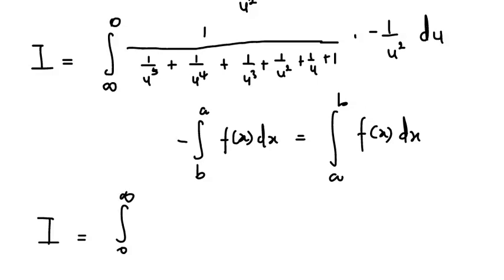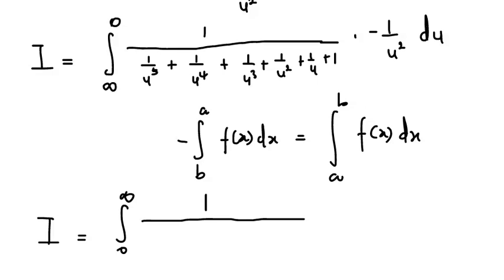So here we're going to have 1 all over, now check out 1 over u to the power of 5 plus 1 over u to the power of 4 plus 1 over u cubed plus 1 over u squared plus 1 over u plus 1.